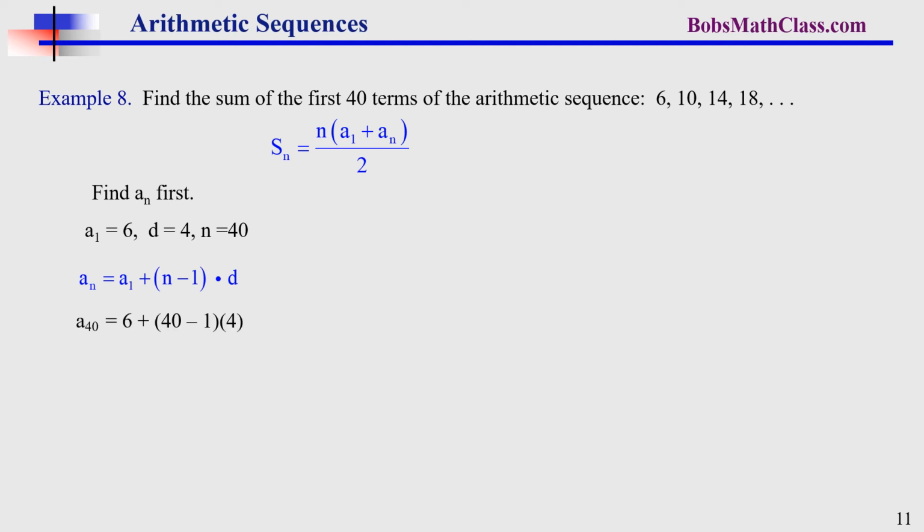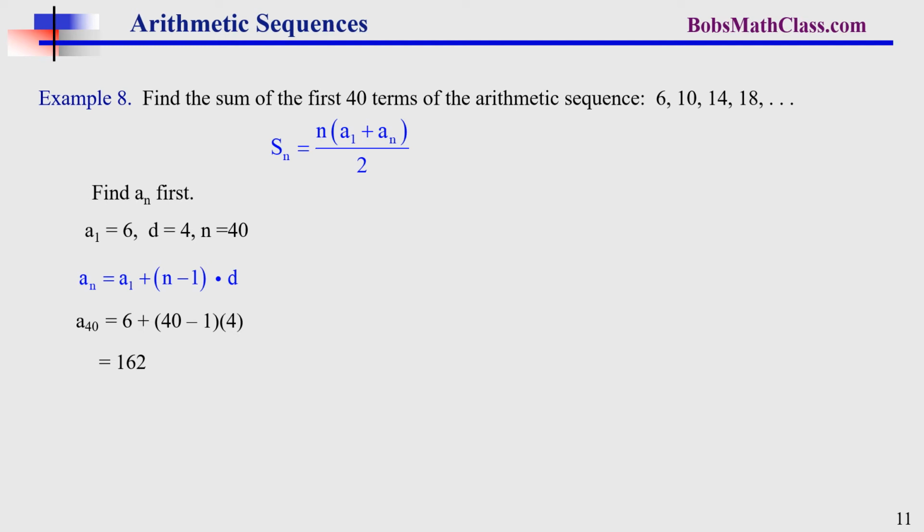Let's work that out. I didn't show the steps this time. I just used my handy dandy calculator. And I got 162. So that's our a sub n, 162, or our a sub 40.